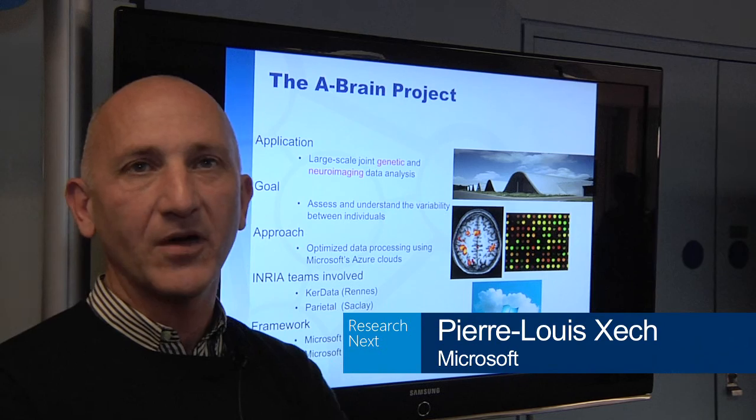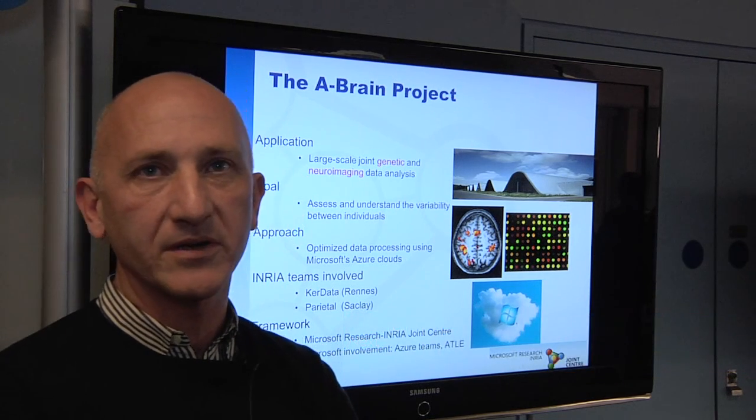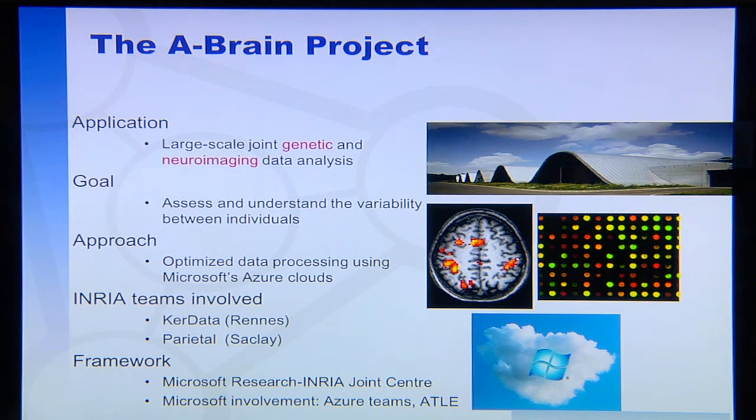We present here the eBrain project, which is a collaboration between Microsoft Research and INRIA, an academic institution in France, which is the Institute for Computer Science in France. This project is run in the context of a joint center between Microsoft and INRIA, which covers a broad scope of research from theoretical computer science to computational sciences.